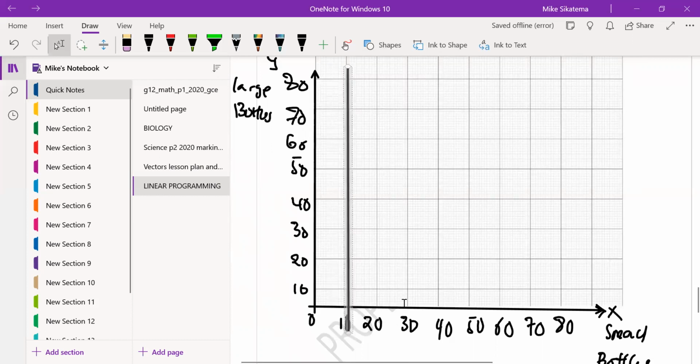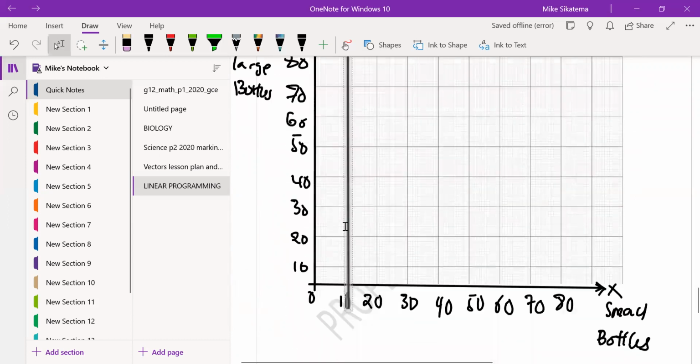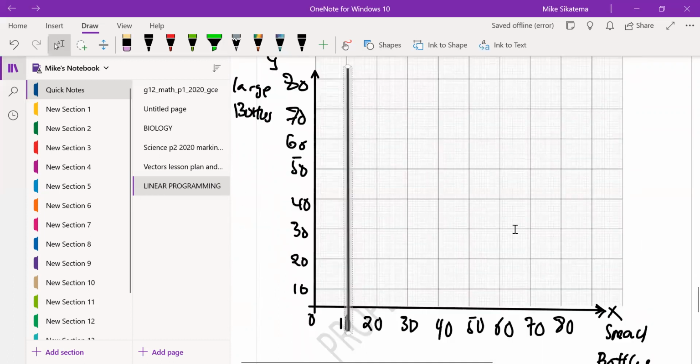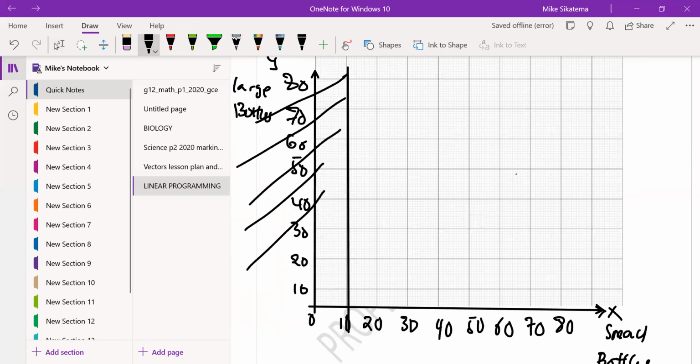So let's find the solution set. Equal to 10 is on this line, greater than 10 is to the right. So the unwanted region is to the left. So we're going to shade this region there. Proudly, with confidence.